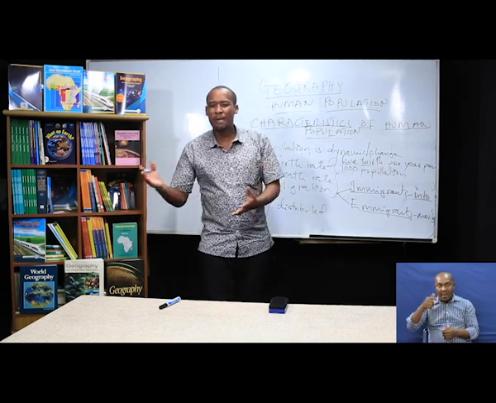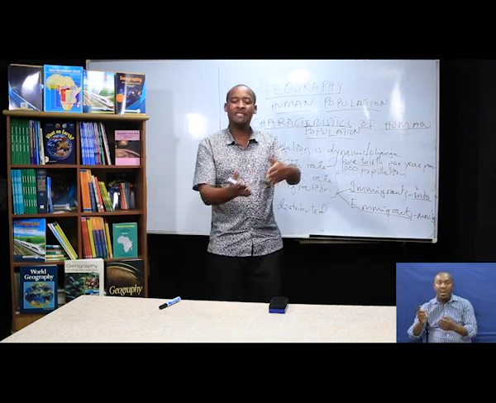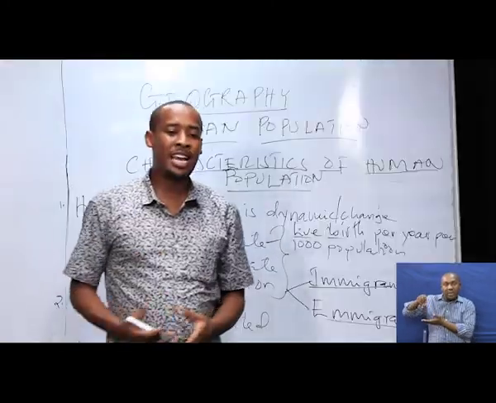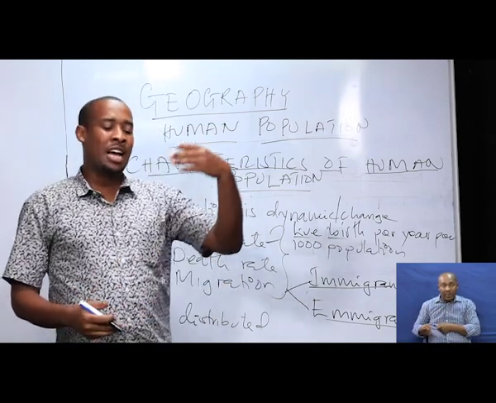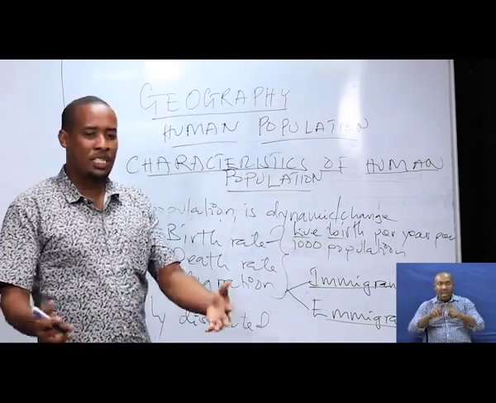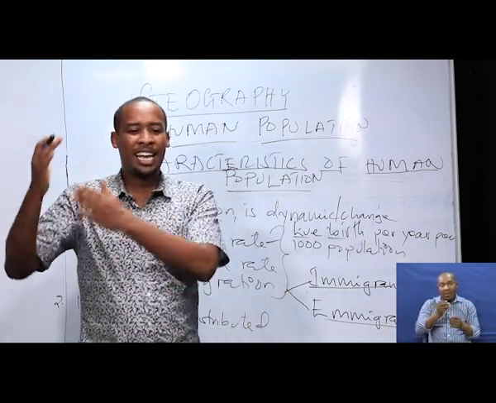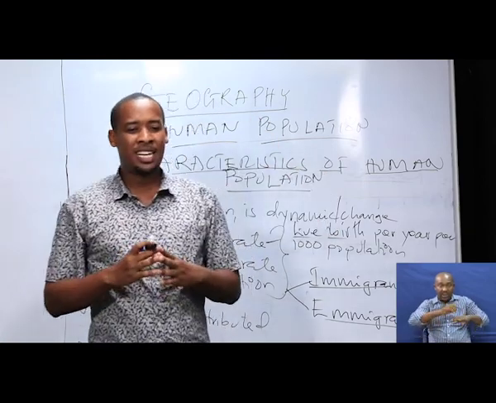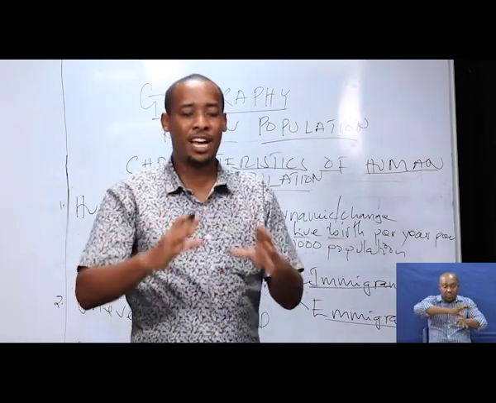Soil makes variations. Those areas having very fertile soils highly attract people compared to those areas having infertile or less fertile soil. For example, in Tanzania, the lake zone, those parts of Mwanza, Musoma, Bukoba, are highly dominated by very fertile soil.